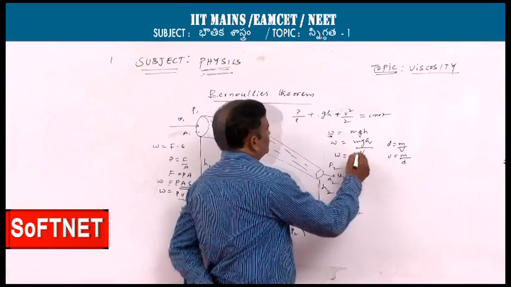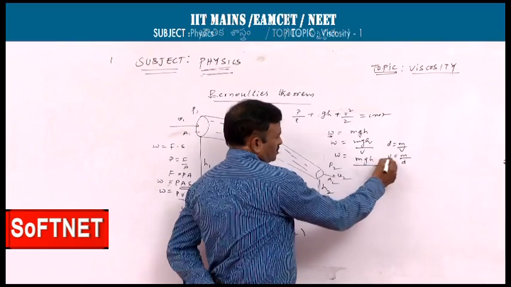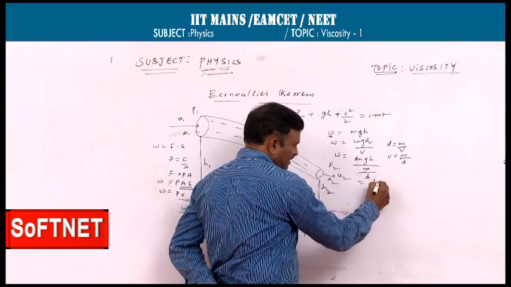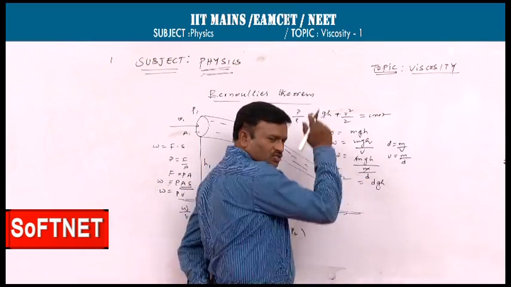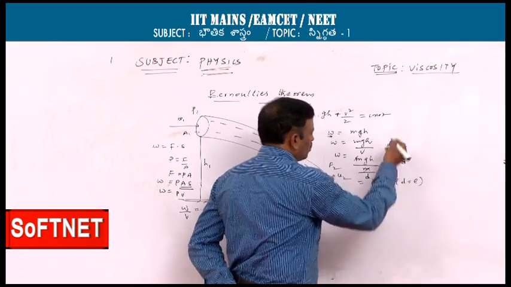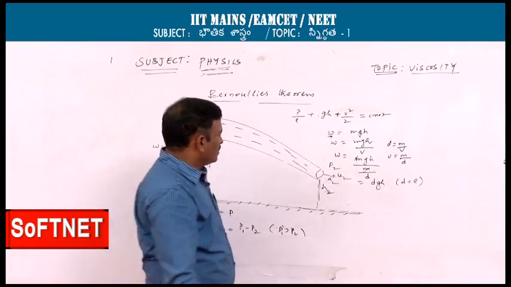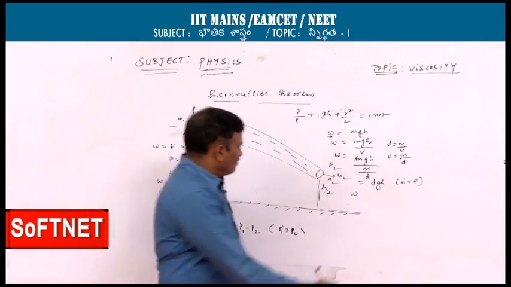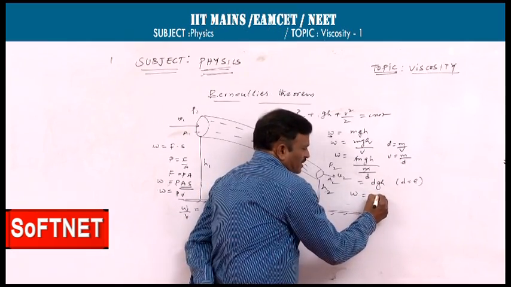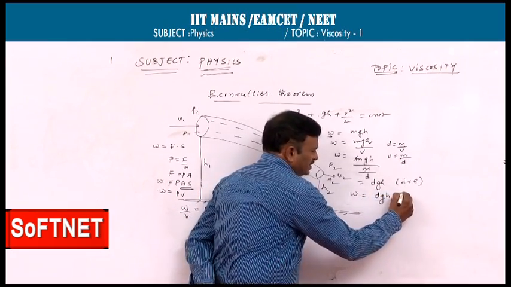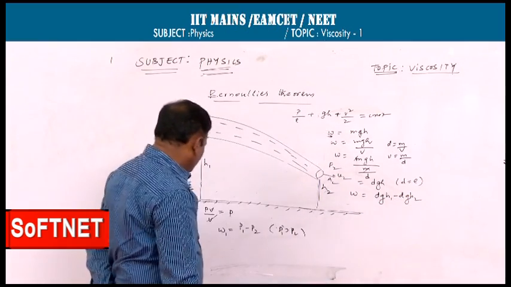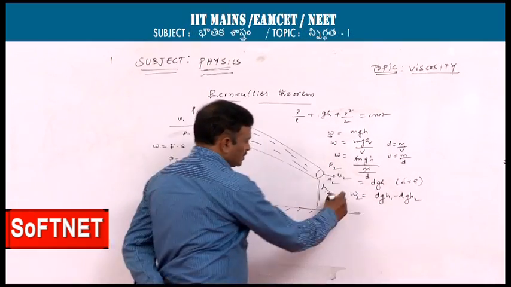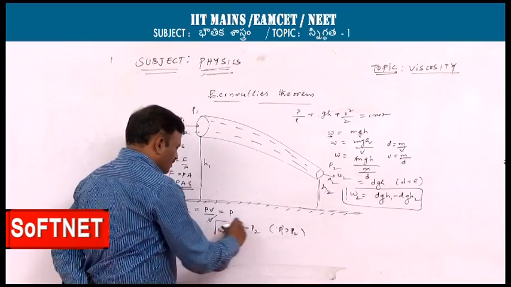Then mgh divided by mass by density, the mass gets cancelled, gives dgh, where d is rho or d, whatever symbol we use. The net work done due to potential energy between these two will be W2 equal to dgh1 minus dgh2. We need to remember the work done for the pressure and the work done for the potential energy.